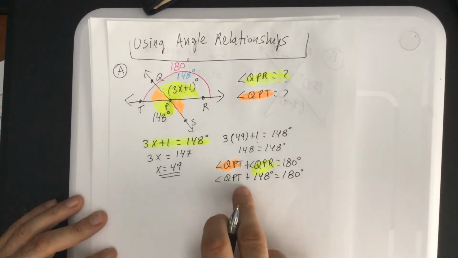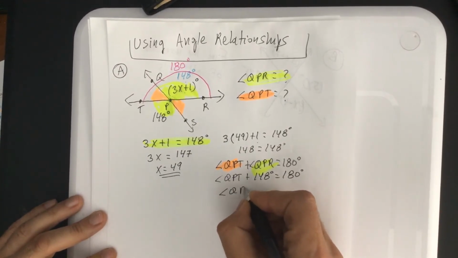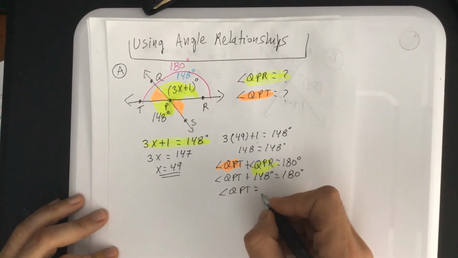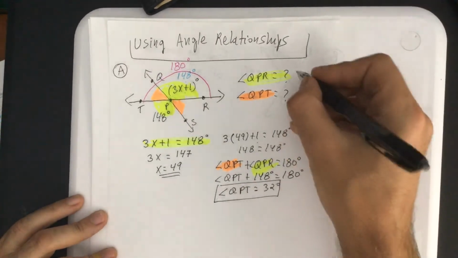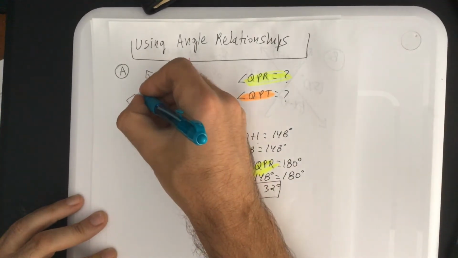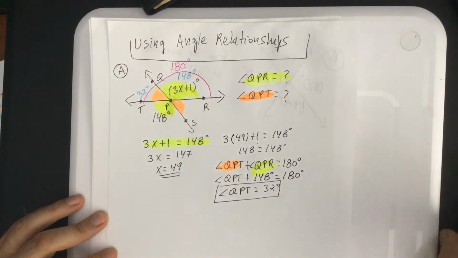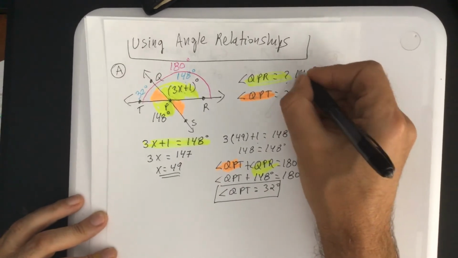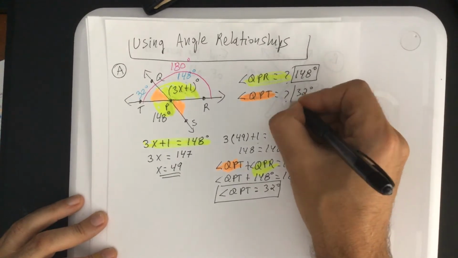So if you subtract 148 from both sides of the equation, it should give you the answer for QPT, which in this case is going to be, let me see, 32. So again, QPR is 148 and QPT is 32 degrees.